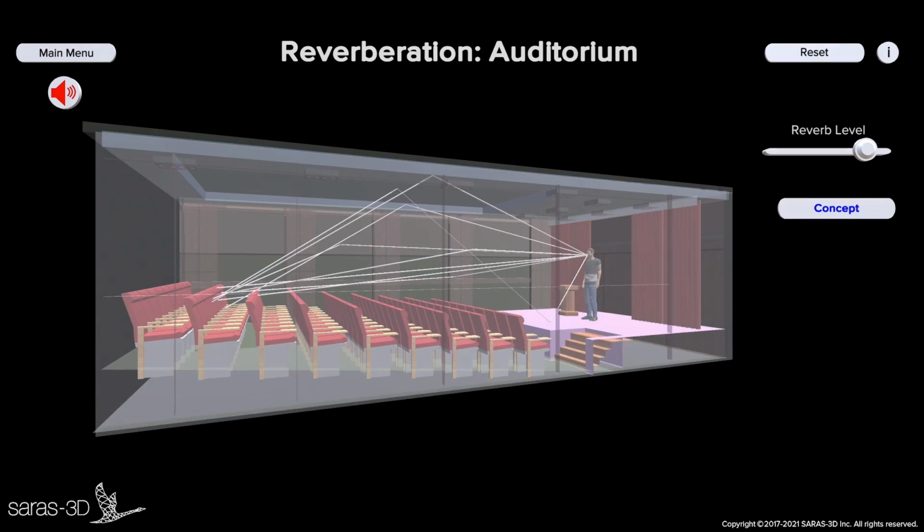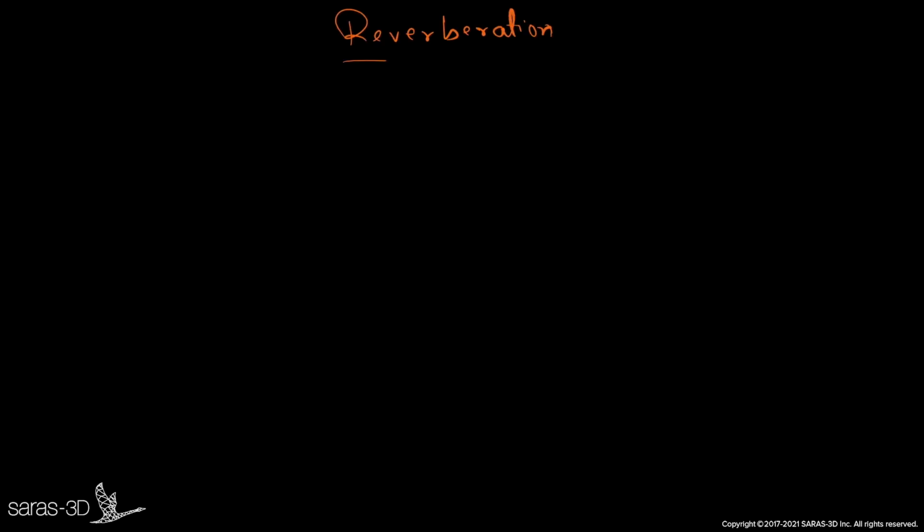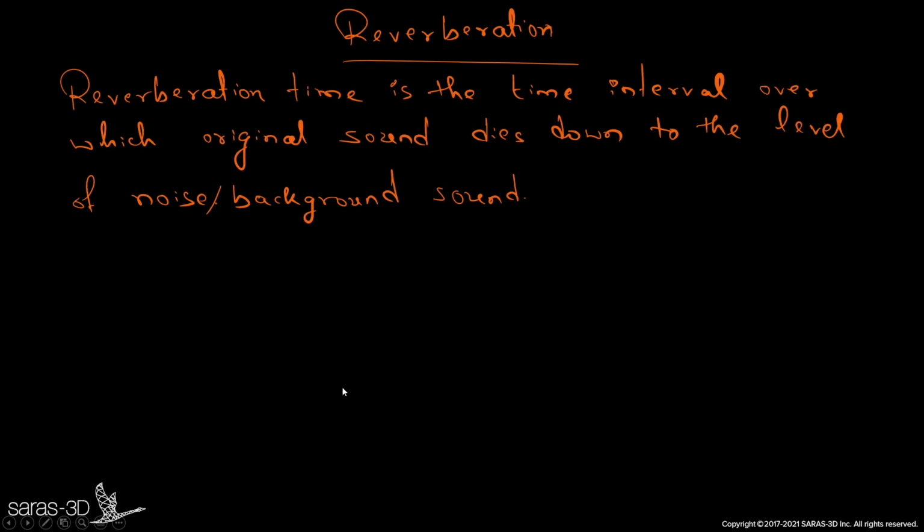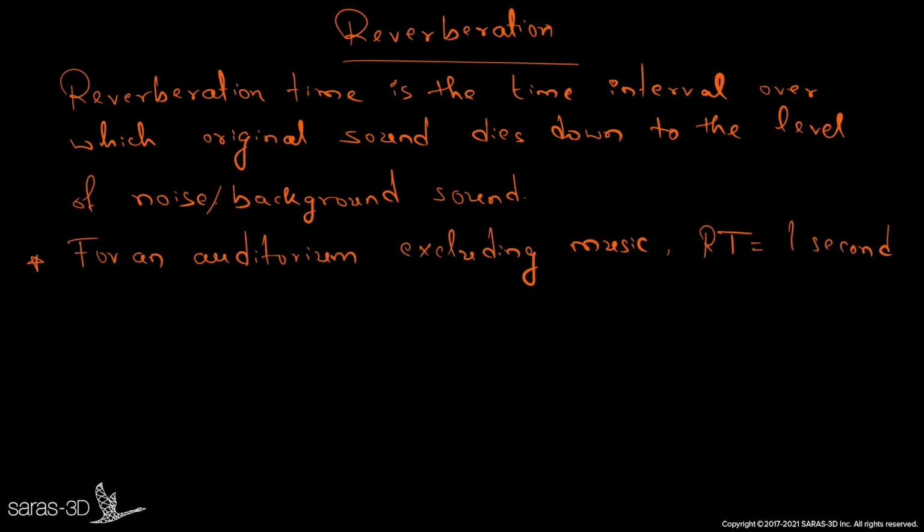Having done this activity, we will now try to quantify what we have felt through the audio. Reverberation is quantified by a parameter called reverberation time. It is defined as the time interval over which the original sound dies down to the level of noise, or background sound. To give an example, for the auditorium that we have just shown, if music is not required, then for clear speech audibility the required reverberation time is 1 second.